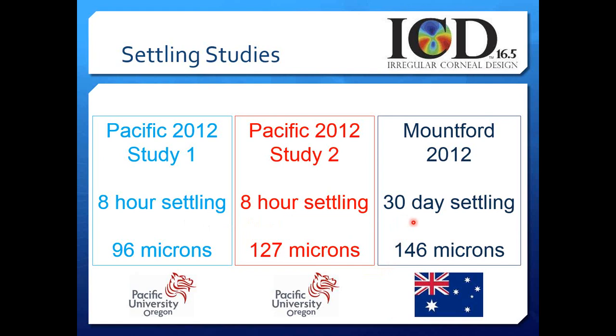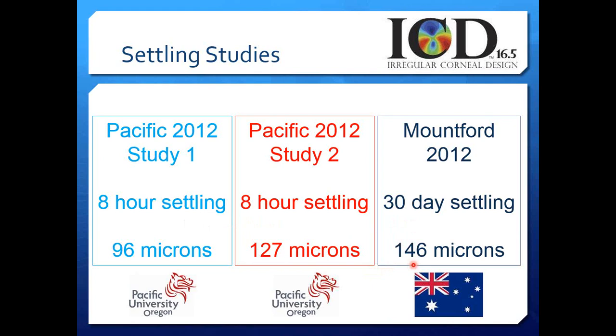He looked at the settling that happened between insertion and after 30 days of wear. And he found the average settling of the ICD was around 146 microns. So this is why we shoot for so much apical clearance, 400 microns on insertion, because John's study showed that over the course of time, those lenses settle even more.